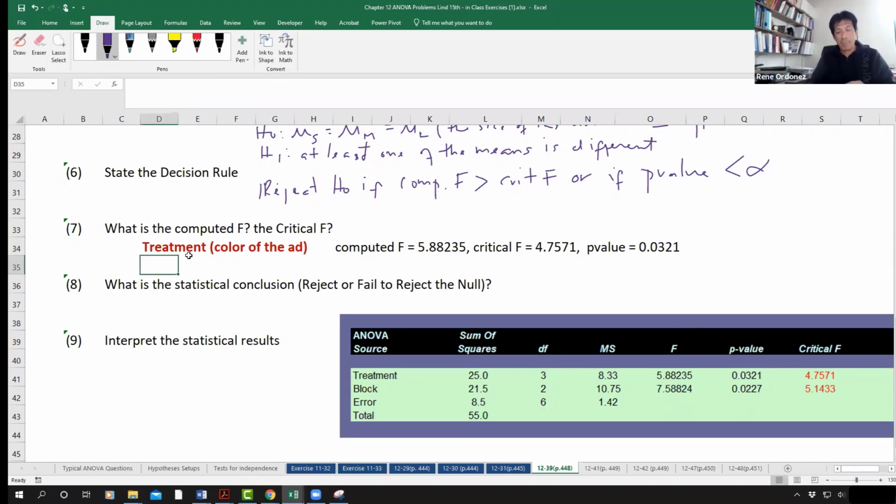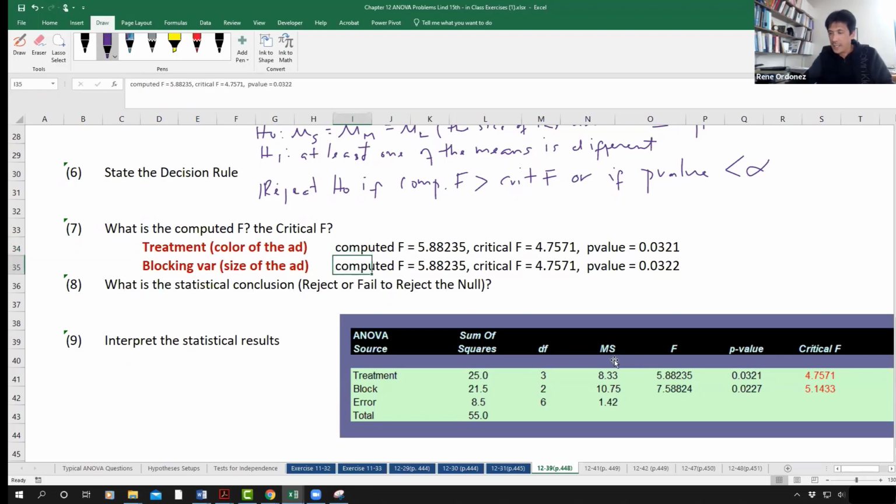And then for the blocking variable, which is the size of the ad, the computed F is 7.588. And then the critical F is 5.1433, and then the p-value is 0.0227.